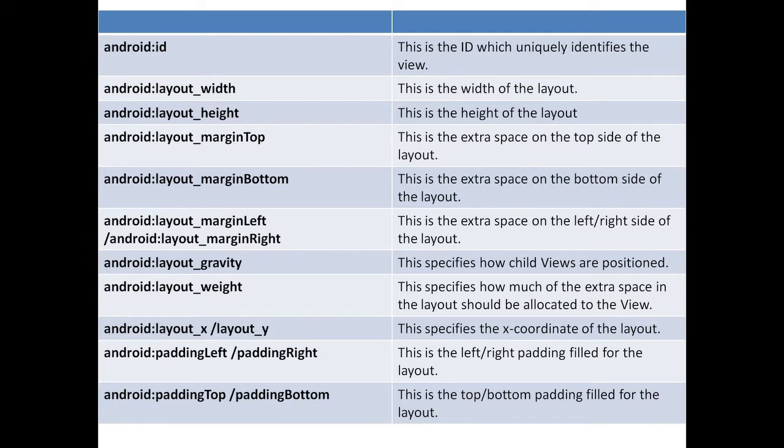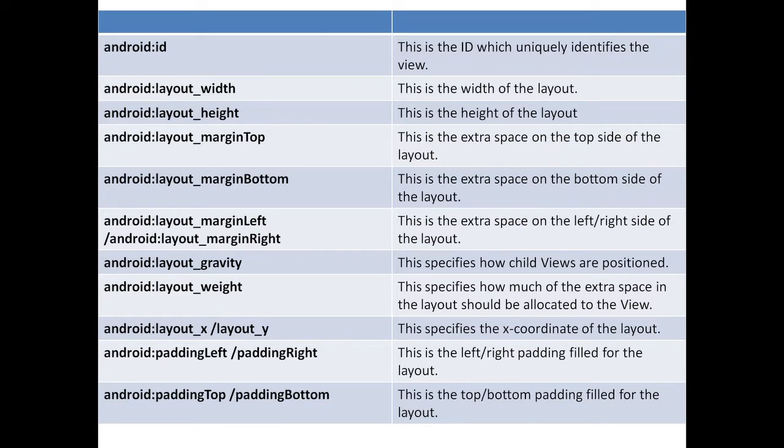That means if you want to leave some space at the top of your layout or at the bottom of your layout, you have to define attribute android:layout_marginTop or layout_marginBottom. As well as if you want to leave an extra space at the left side or right side of the layout, you have to define layout_marginLeft or layout_marginRight.